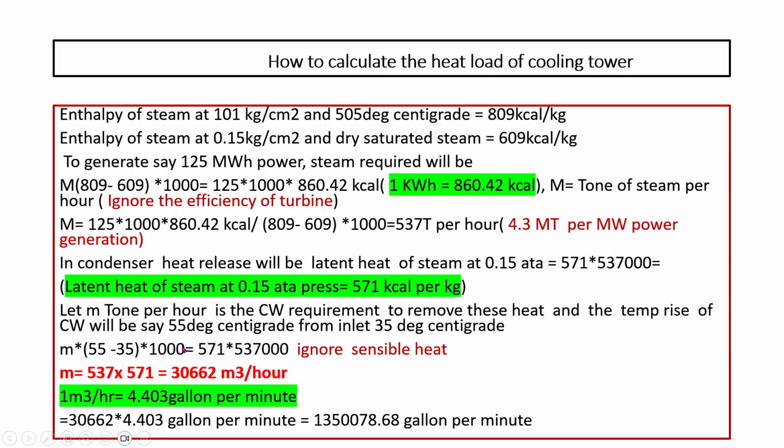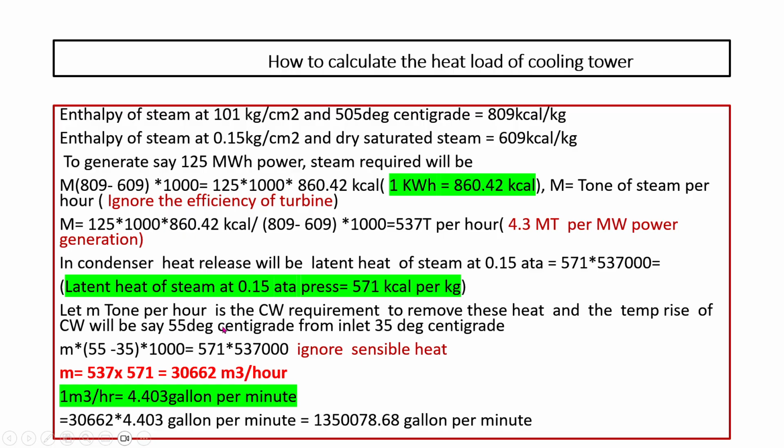Suppose we consider M is the cooling water requirement. The cooling water temperature will increase from an inlet temperature of 35 degrees to 55 degrees centigrade when going out of the condenser.